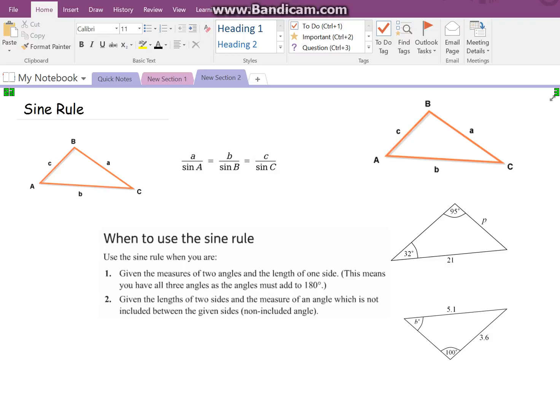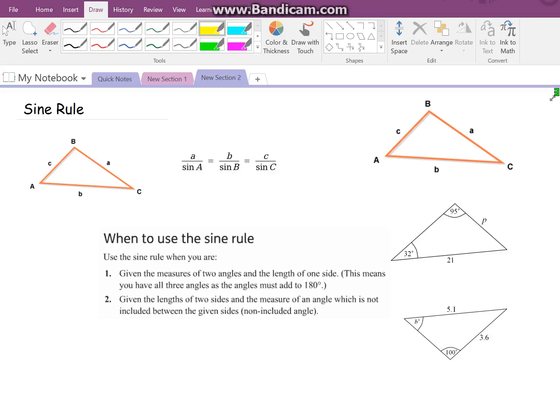You also need to know that if I grab this angle here, B, angle B is always opposite side B. Angle A is always opposite side A. And angle C is always opposite side C. And as you can see from the diagrams, and this is always the case through trigonometry, the side will always be a small letter, and the angle will always be a capital letter.